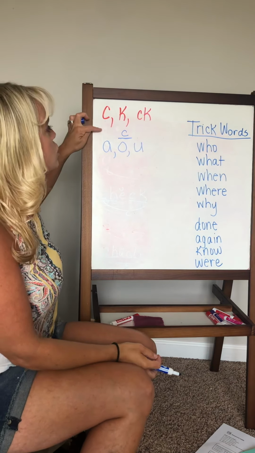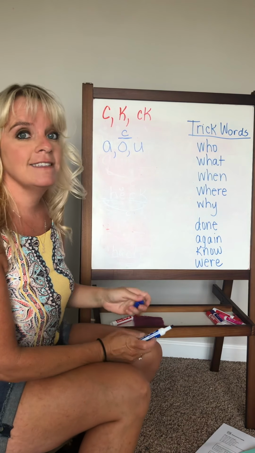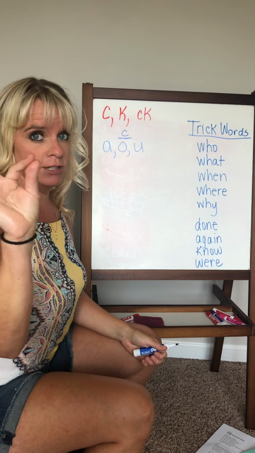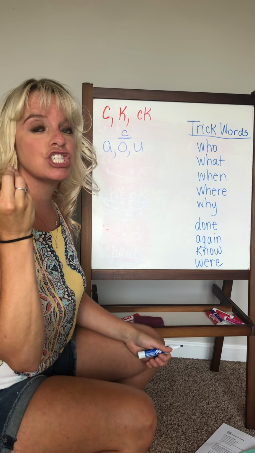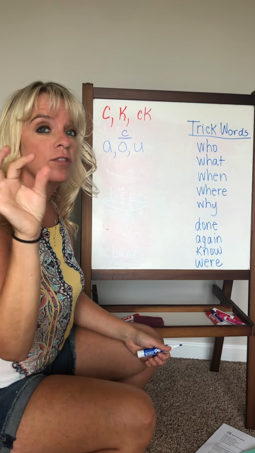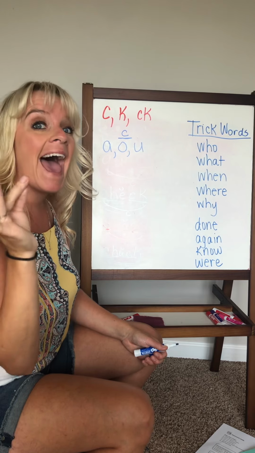Okay, so if I have the word cash, let's tap out the word cash together. Ready? Get your tappers out. K-a-sh. So think about it. After you hear the k, what vowel sound do you hear? K-a.